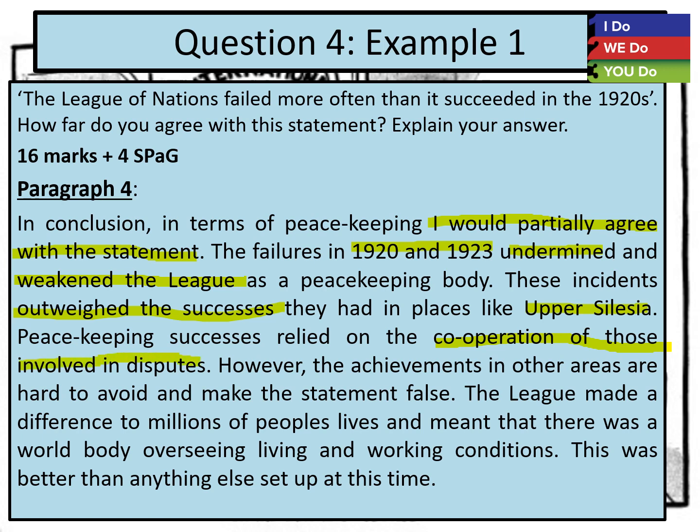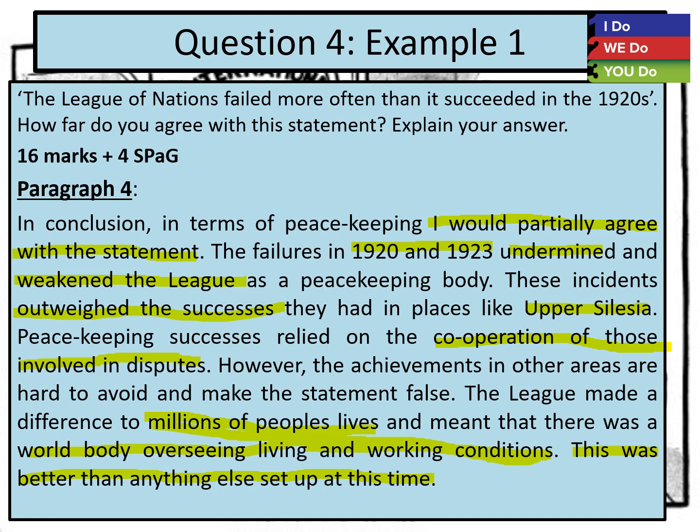However, the achievements in other areas are hard to avoid and make the statement false. The League made a difference to millions of people's lives and meant there was a world body overseeing living and working conditions. It's the first time that this had ever happened. This was better than anything else set up at this time. So my conclusion in the end is, yeah, I partially agree.